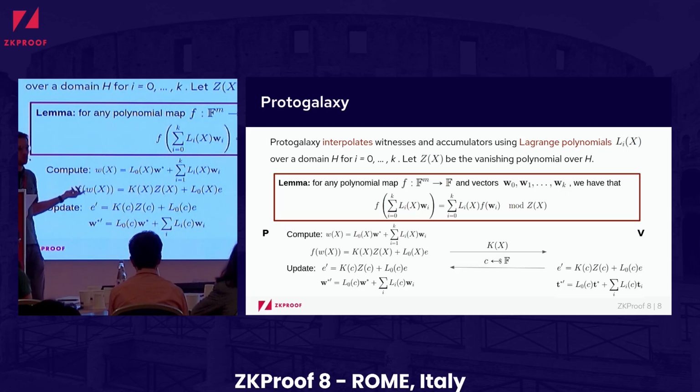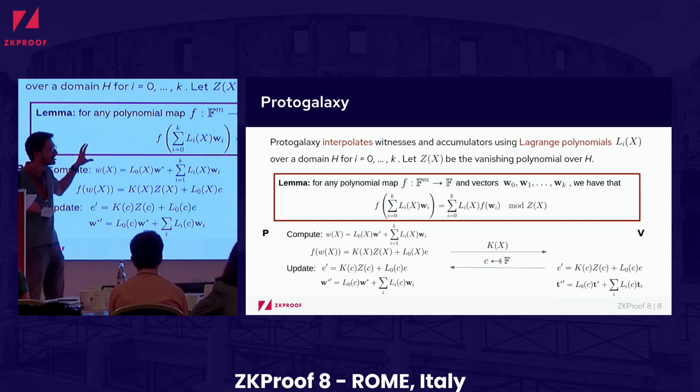And the verifier can do the same on its side with the instances. This is with the commitments to the witnesses instead of with the actual witnesses. And this, with a bit of careful analysis, gives us a sound protocol. As a takeaway, the main idea is we need this linearity lemma and this trick, which is very neat, to connect the errors from the previous accumulator and the new accumulator.